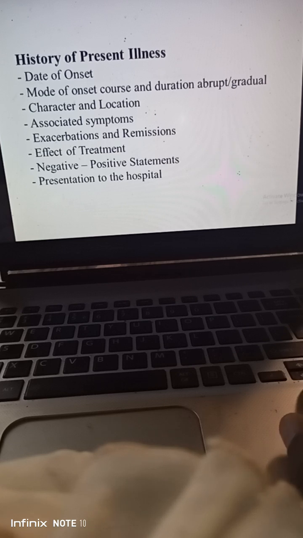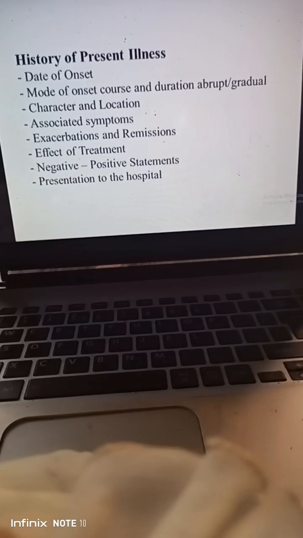You have to write the date of the onset, mode of the onset, the course, the duration, whether it was abrupt or gradual, and what the characteristics and the location of the illness were and the associated symptoms. For example, take a patient with cough: what were the associated symptoms with the cough?